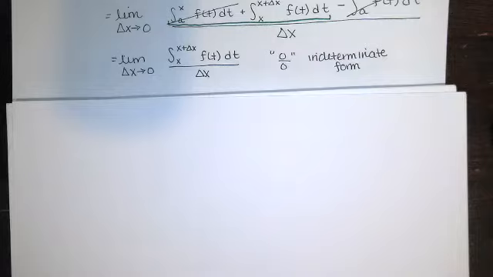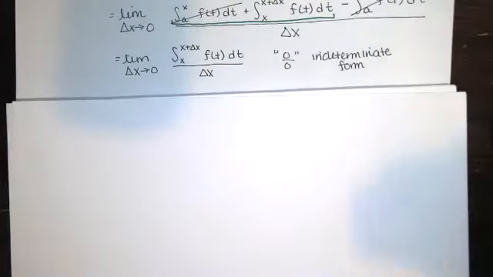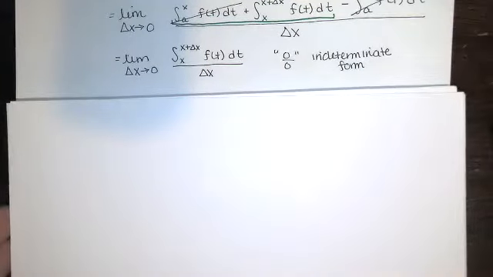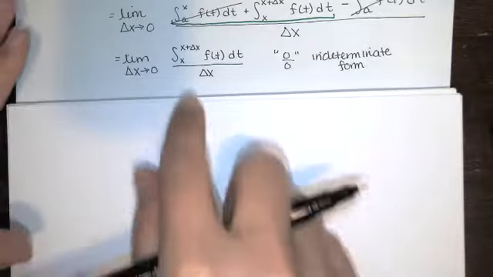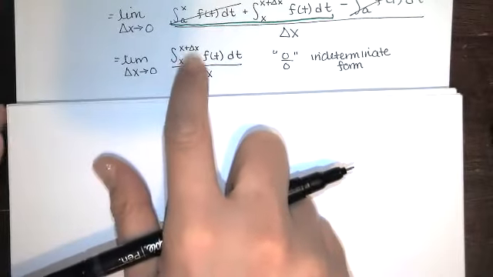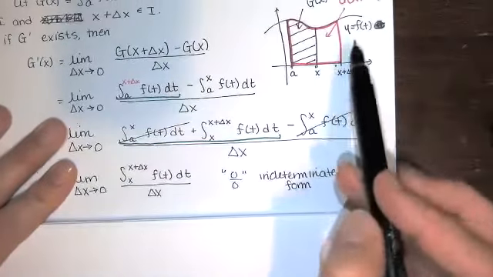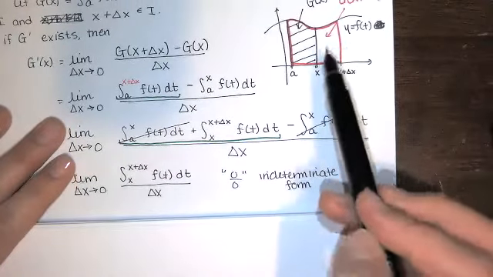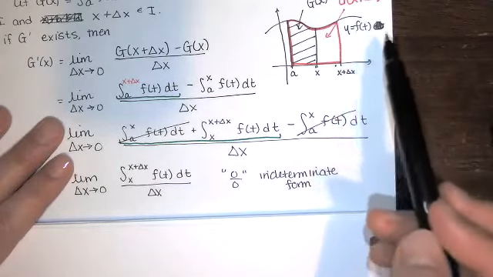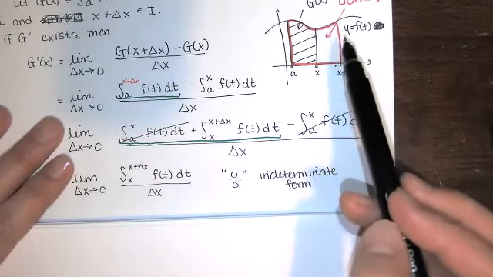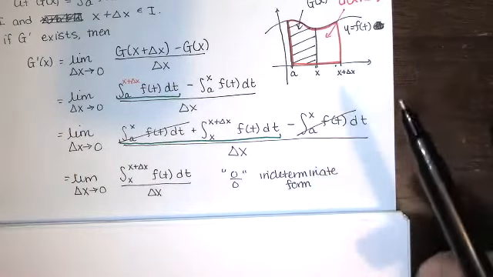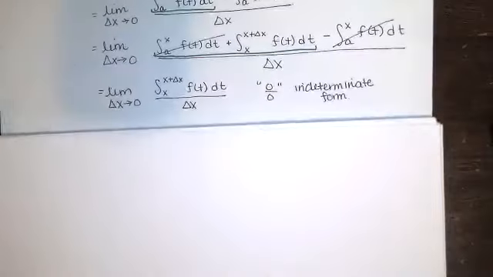So here's the idea. Well, if we're on the interval from x to x plus delta x, and f of t is a continuous function on that interval, then we're guaranteed that this function has an absolute max and an absolute min on that interval by the extreme value theorem. We can use that to our advantage.